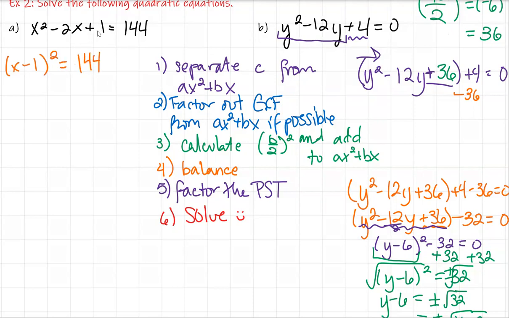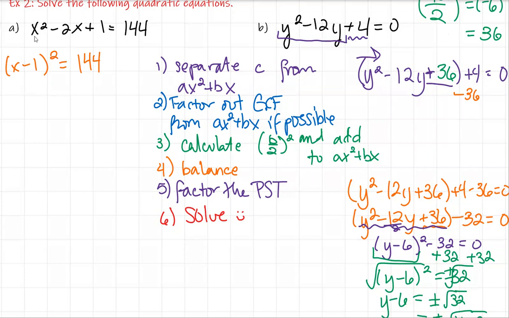There's only one factor of 1, it's itself, 1. And since this is positive, it's got to be the same sign. So those two 1s are either both positive or both negative. And since they're going to add up to negative 2, they both have to be negative. So it becomes x minus 1 times x minus 1, but then it's x minus 1 squared.